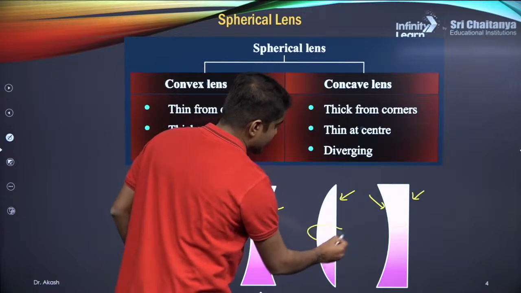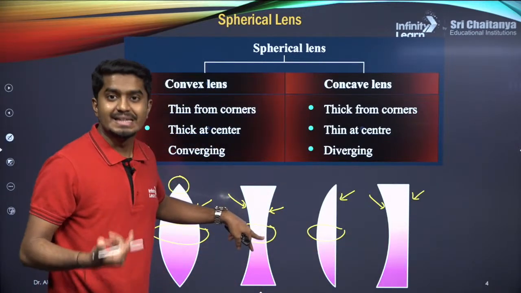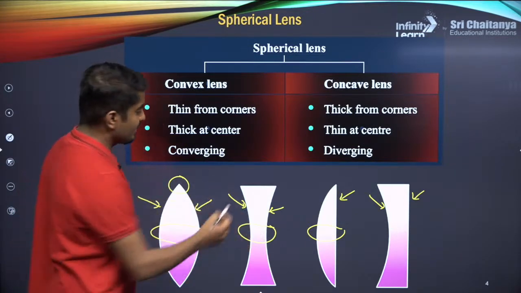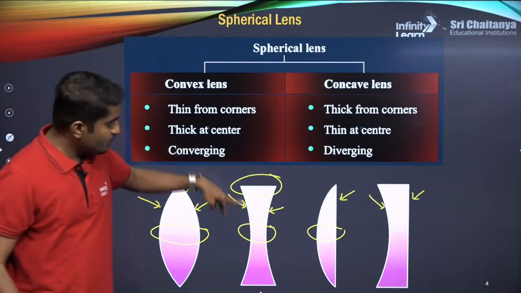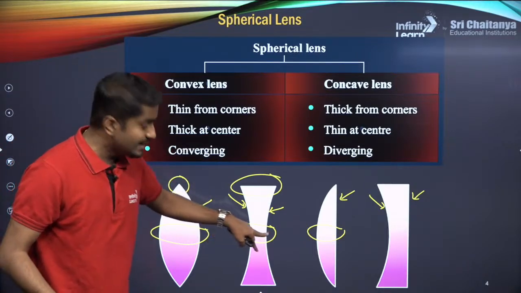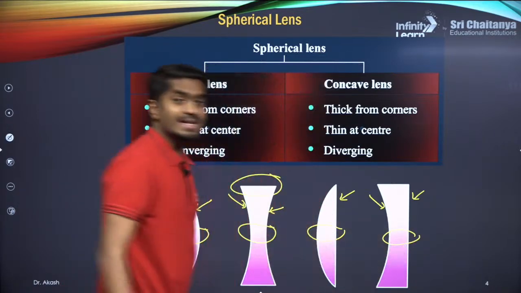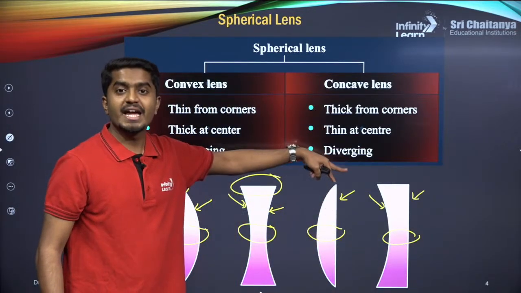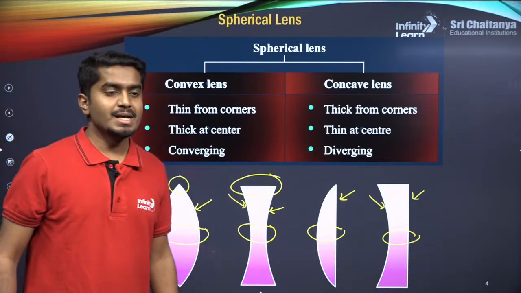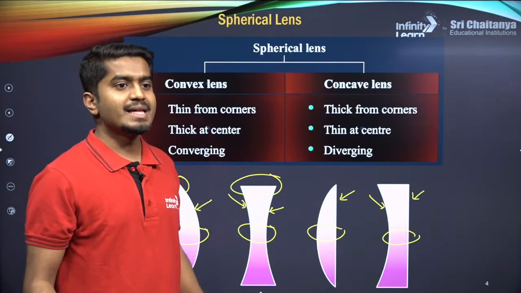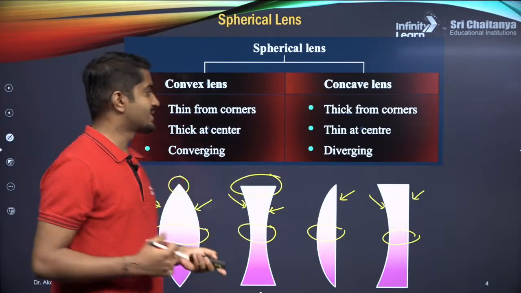Concave lenses are thinner at the center and thicker at the edge. So whenever you find a lens which is thin at the center compared to the edge, even this one, it is a concave lens. Yes, these are not mirrors, they are lenses. We have learned mirrors, now we are learning lenses.